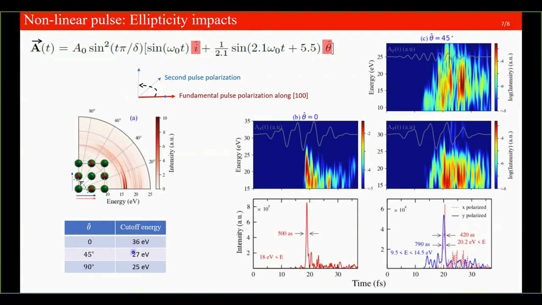And as the polar HHG diagram shows here, as a result of this rotation, the high harmonics fall off continuously, and also the cutoff energy decreases. The cutoff energy for the non-rotated case is 36 electron volts, and it decreases to 25 electron volts.